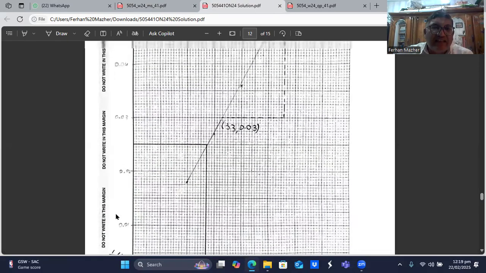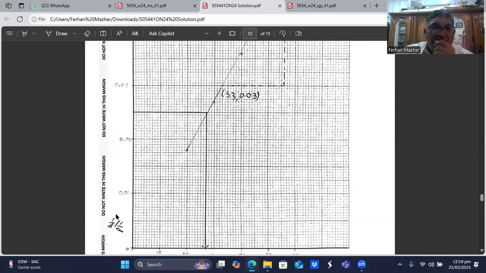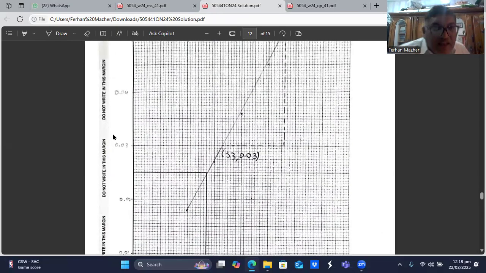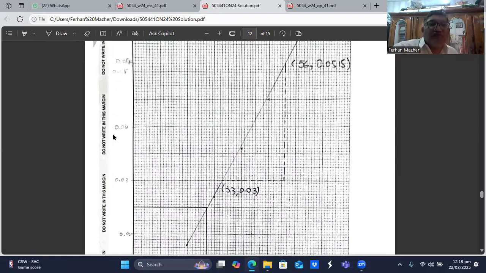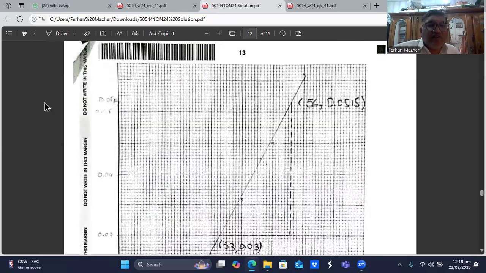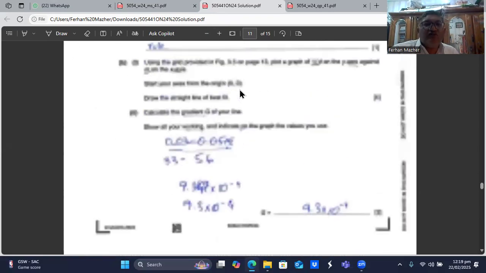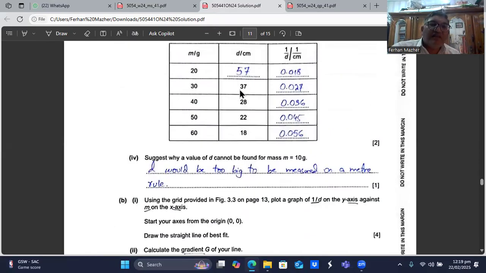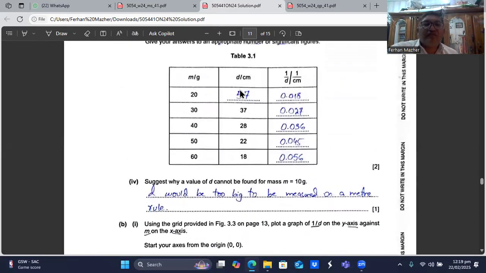On the y-axis, we have represented 4 centimeters with 0.01, the next 4 centimeters 0.02, the next 4 centimeters 0.03, the next 4 0.04, and the next 4 0.05.